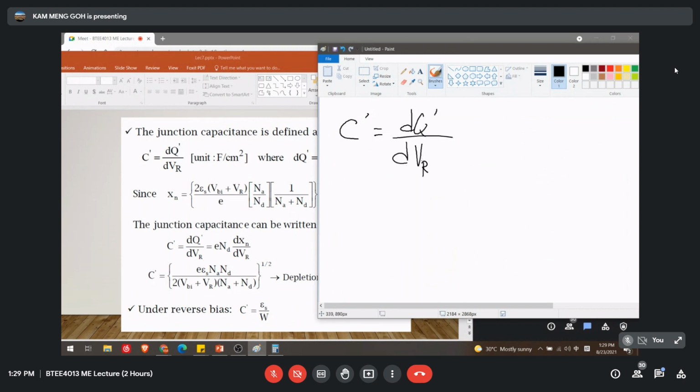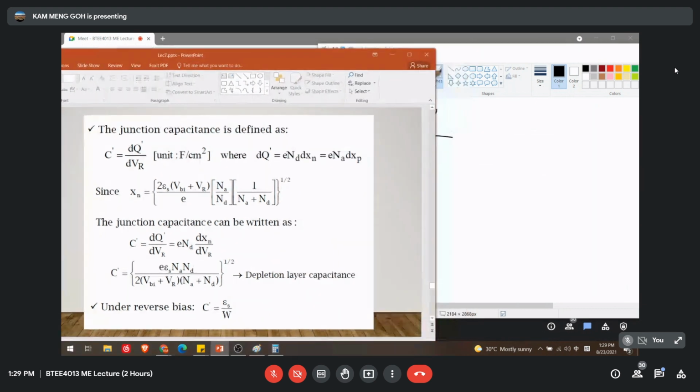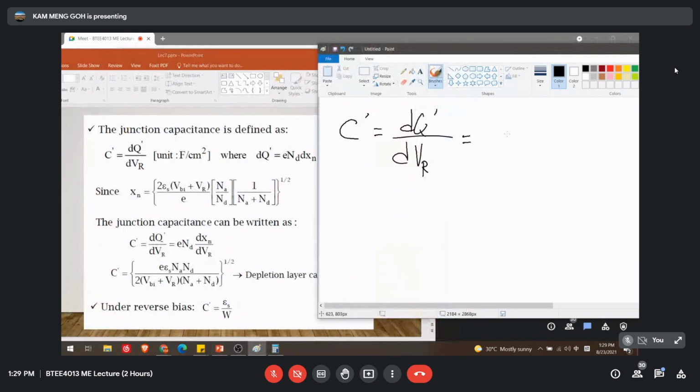VR is the reverse bias. Q is the electric charge. Then the dQ we can further write as q N_D dS_n over dVR. Okay, this is a standard formula.